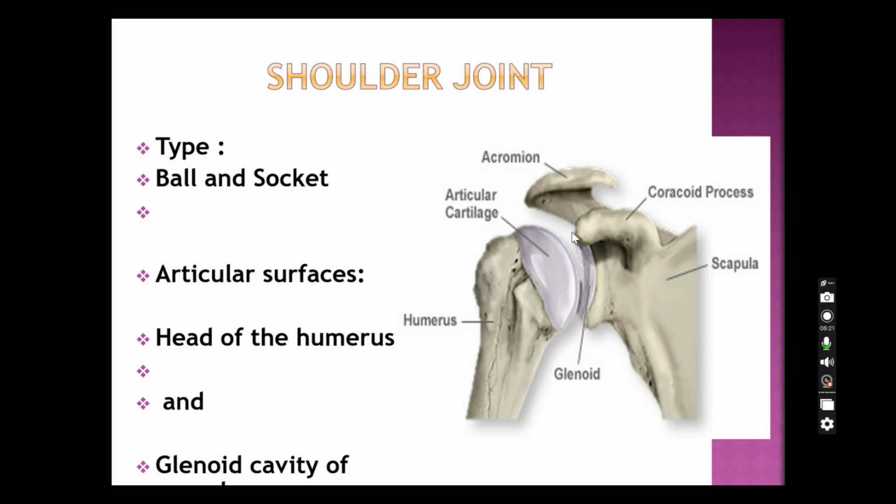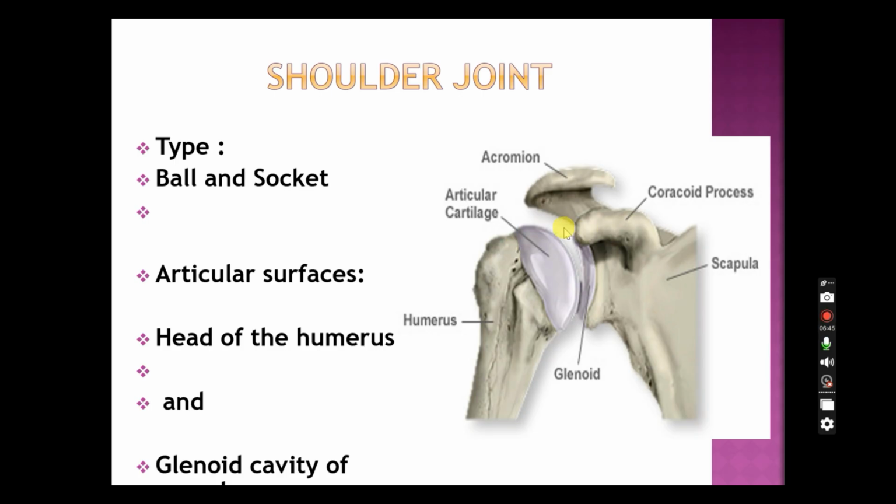At the uppermost portion, we know that there's a small tubercle called the supraglenoid tubercle, which gives origin to the long head of the biceps, which runs almost anterior to the head of the humerus when the arm is at the side of the body.